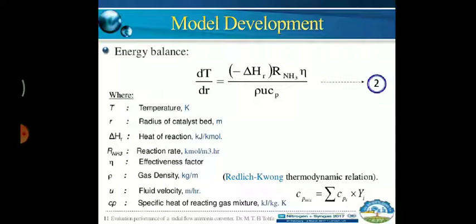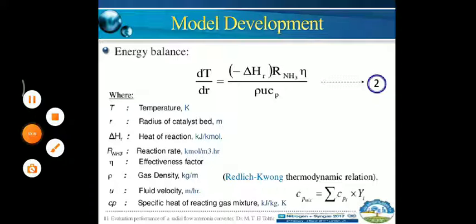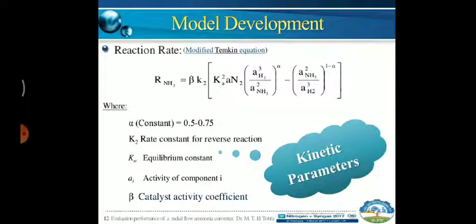T is the temperature, r is the radius of the catalyst bed, delta Hr is the heat of reaction, that means delta Hr is the heat of reactions. r NH3 reaction rate is in kilomole per meter cube per hour. Eta is the efficiency, rho is the density of gas, u is the velocity of the fluid, and Cp is the specific heat. And the rate of reaction is given here.